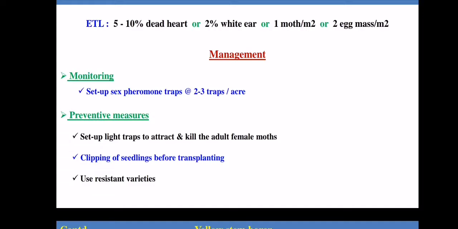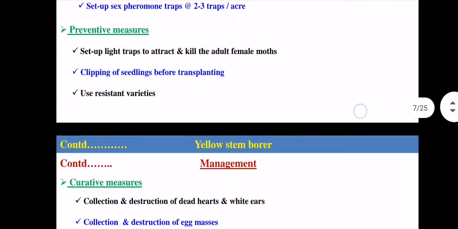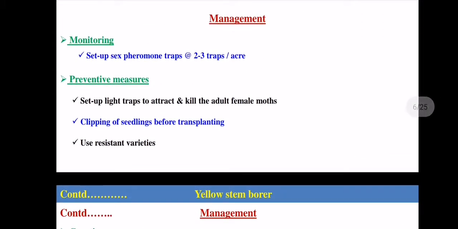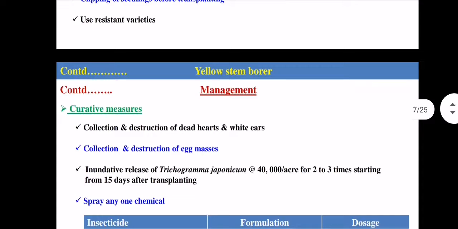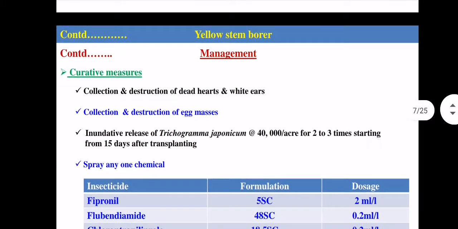You can also clip the seedlings before transplanting, and you can use resistant varieties, those varieties that are resistant against this pest. If we talk about the curative measures, you can directly collect and destroy the dead hearts or white ears, and collect and destroy egg masses.